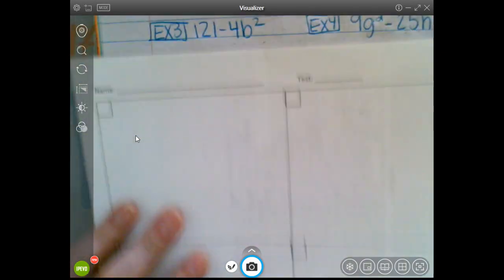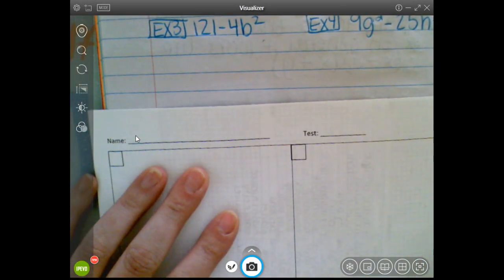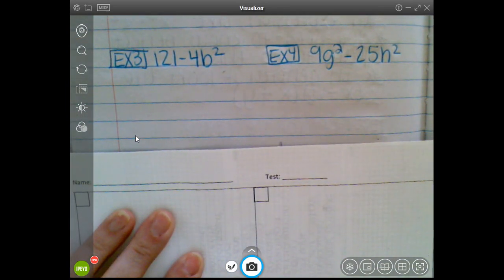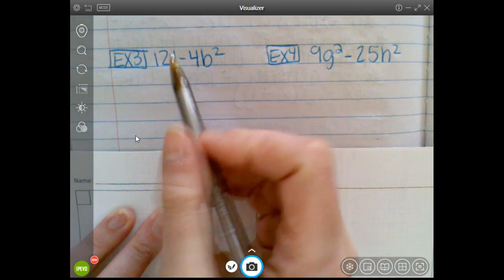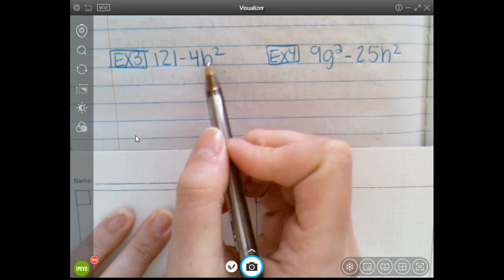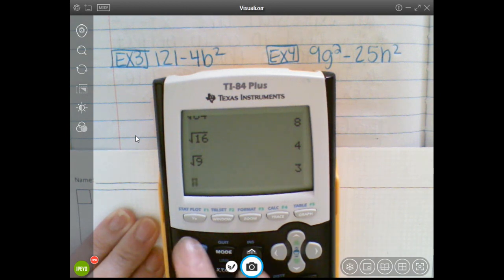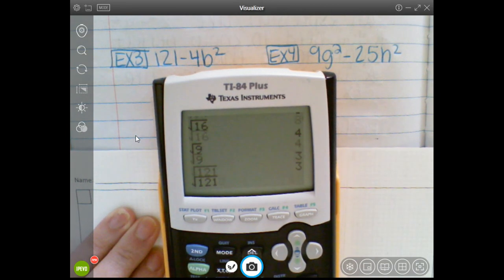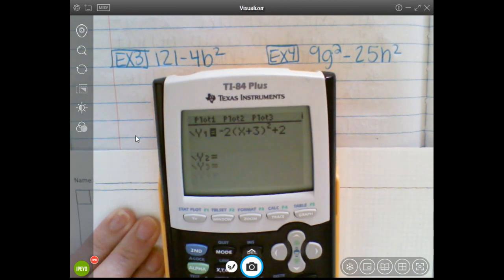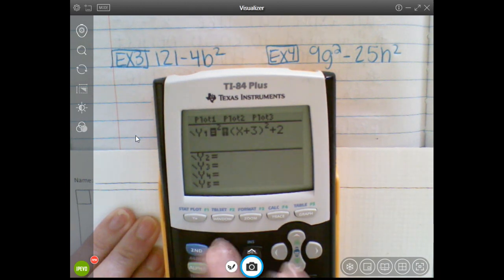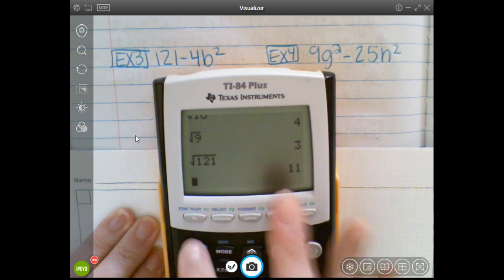Okay, example 3. So I see subtraction, good. I see an even exponent, good. Now I check. Is 121 a perfect square? Yep. Is 4 a perfect square? Oops. There we go.